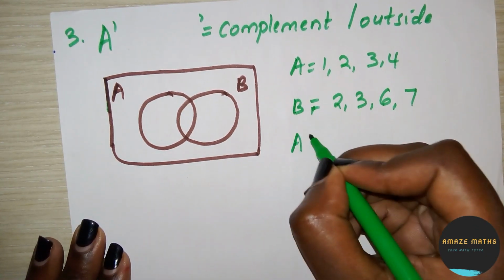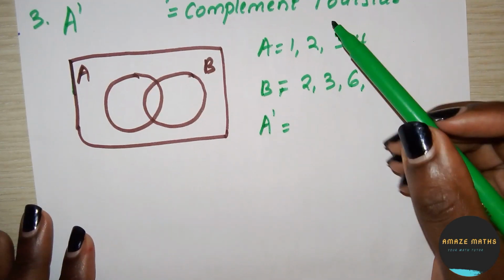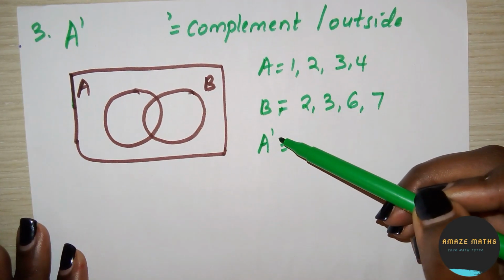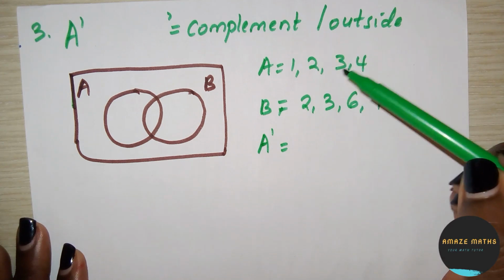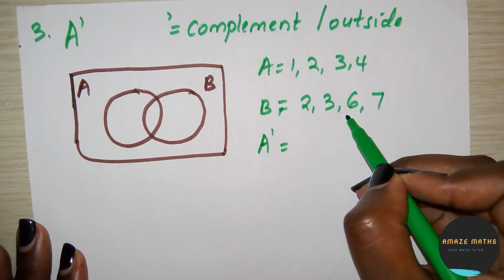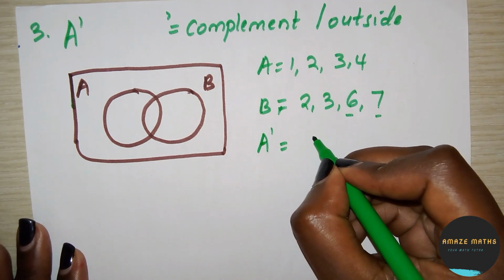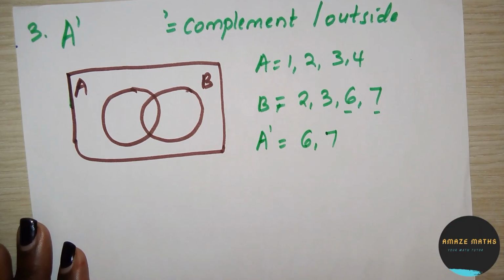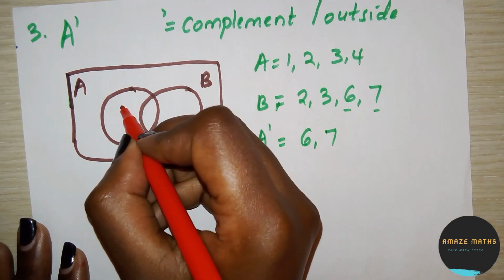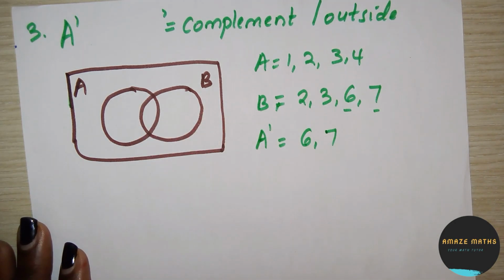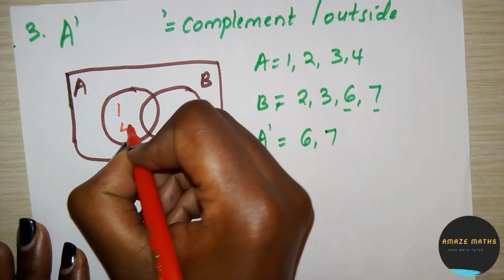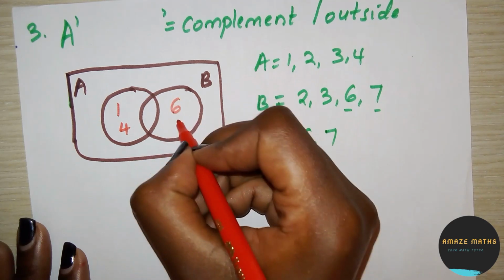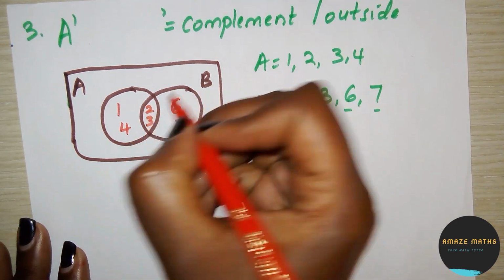So what is outside A? All the members that are not inside of A, that's the complement. All the members outside of A are 6 and 7. If you put these numbers in, we already had 1 and 4, this one was 6 and 7, and this is 2 and 3.